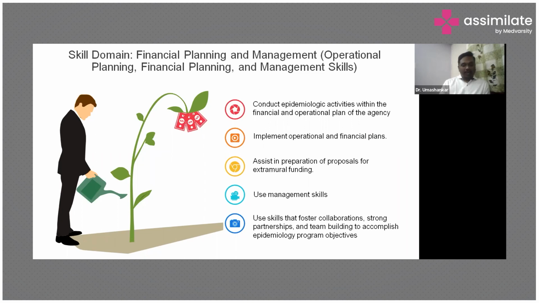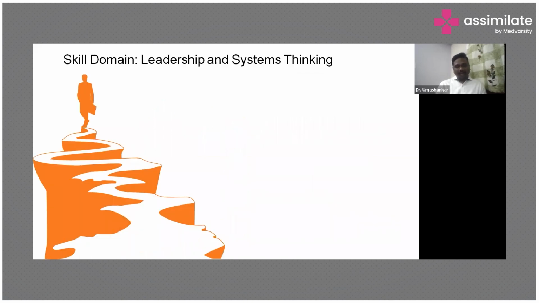So epidemiologists should use their management skills to get the team working so that they can accomplish the goal they are supposed to do. All the objectives of the program can be done only if every member in the community supports. So they should have that strong communication skill and partnership skill, foster the collaboration between the community and other stakeholders to take the program forward.